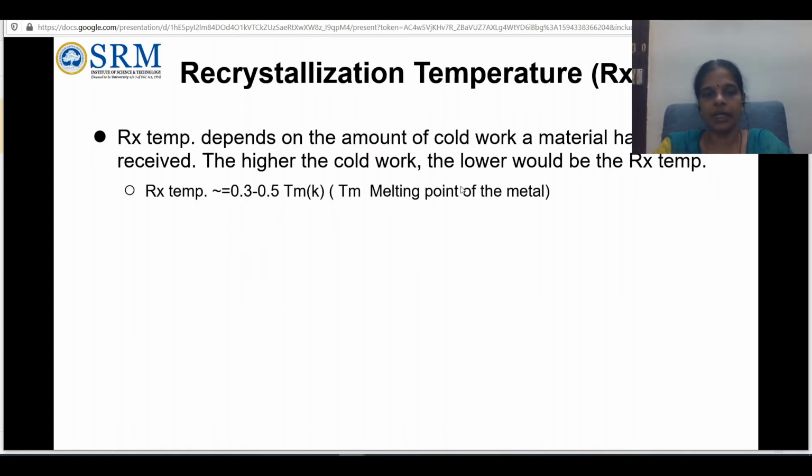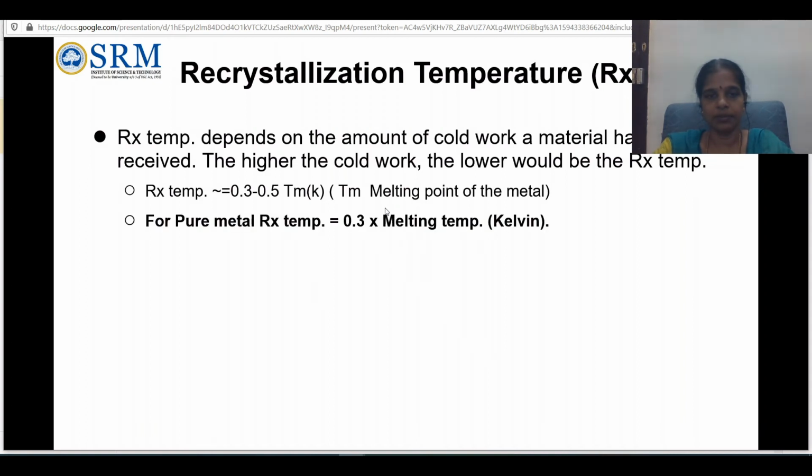For example, in general, the recrystallization temperature of a given metal varies from 0.3 to 0.5 of the melting point of the metal. So it depends on the metal, for example iron, steel, aluminium, copper, lead, any metal. Depending upon the melting point of the metal, the recrystallization temperature varies.